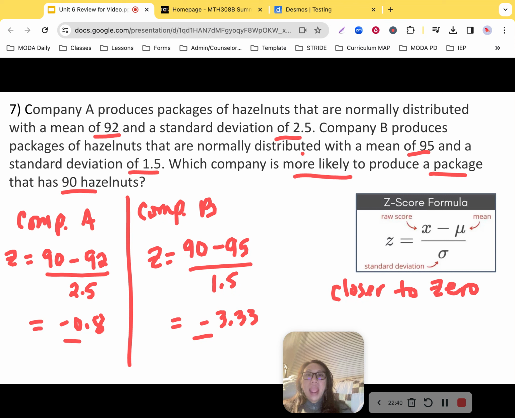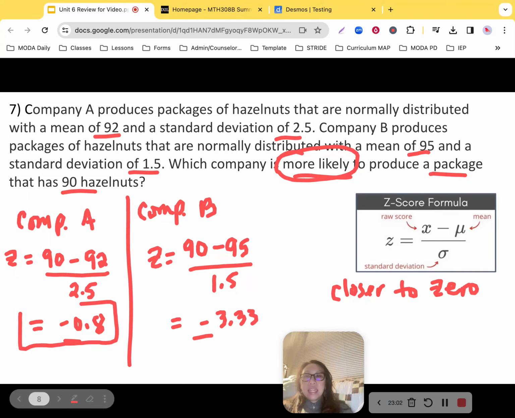Because again, we are asked which is more likely to produce, so we're looking for closer to 0, or closer to the mean. So in this case, negative 0.8 is closer to 0. So company A is more likely to produce a package that has 90 hazelnuts.